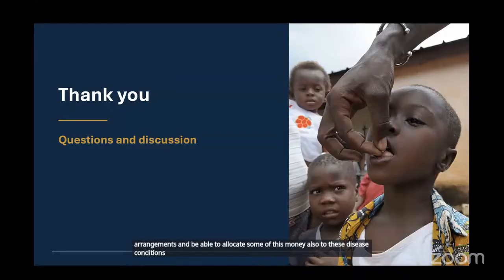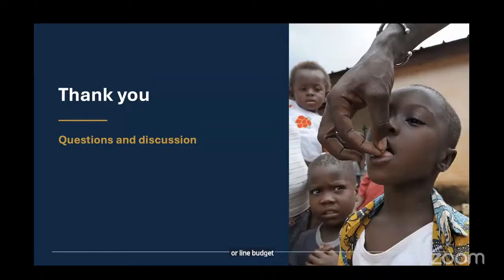I think for NTDs, to be specific, we need to push for line items or line budgets for some of these conditions. In fact, if you look at the national health accounts, there is no explicit mention of NTDs to say this is how much we spent on NTDs. There's a mention of other disease conditions, which is a clear issue that we need to address. So I think advocacy will be key.